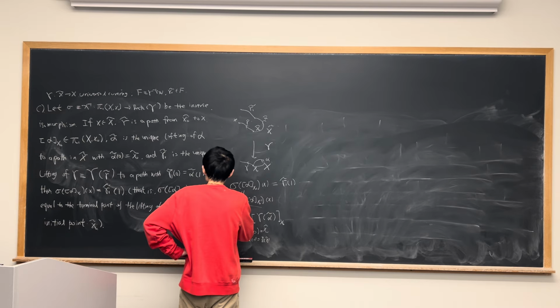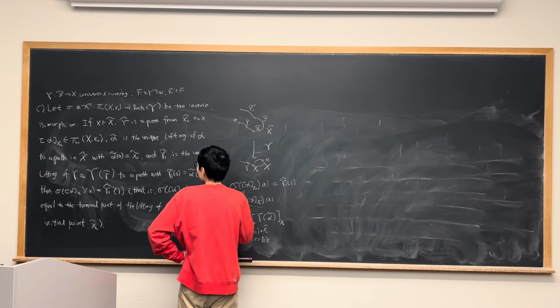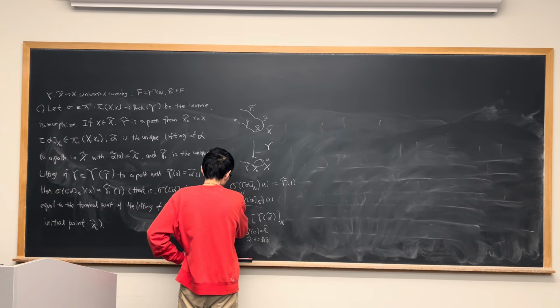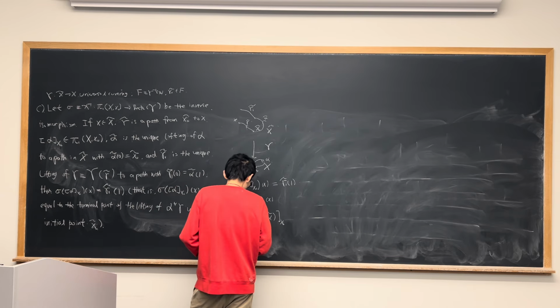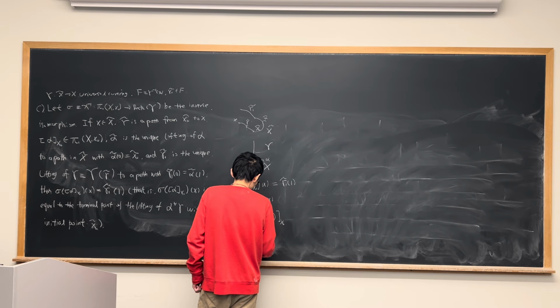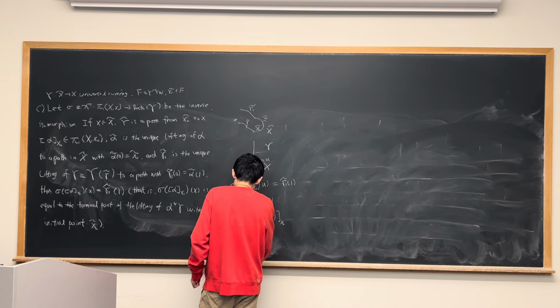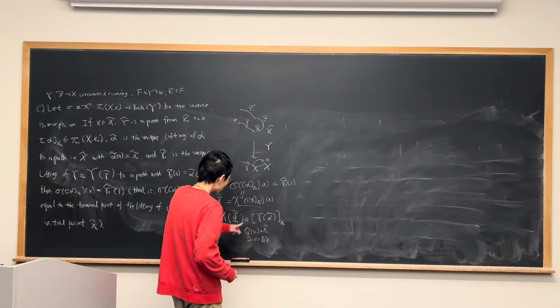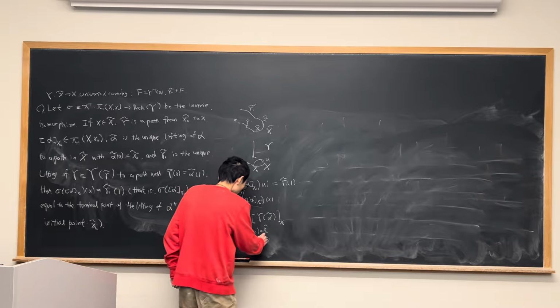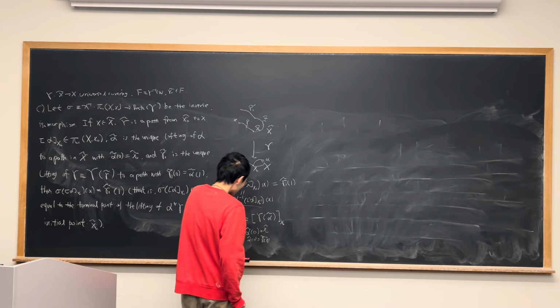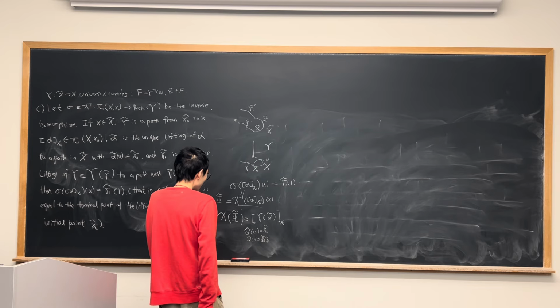Because this chi is an isomorphism, its inverse is denoted by phi theta, and then we know that chi of phi theta is equal to, by definition, that, with this alpha being defined as that.